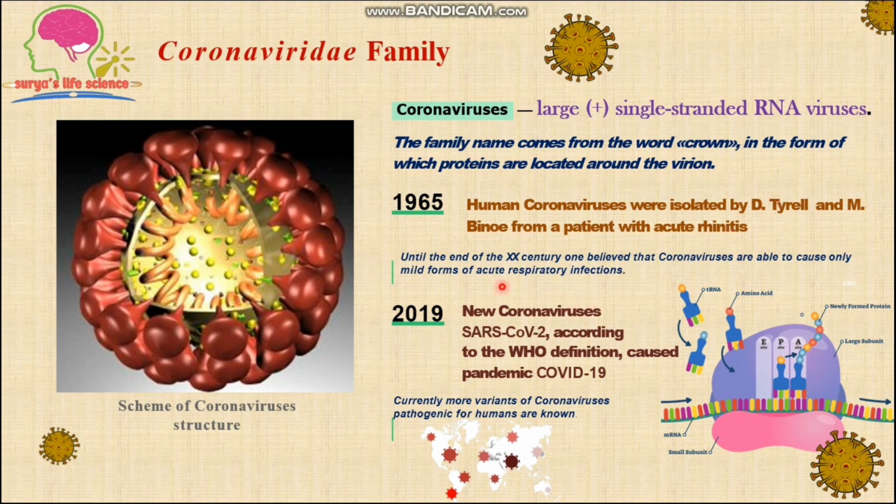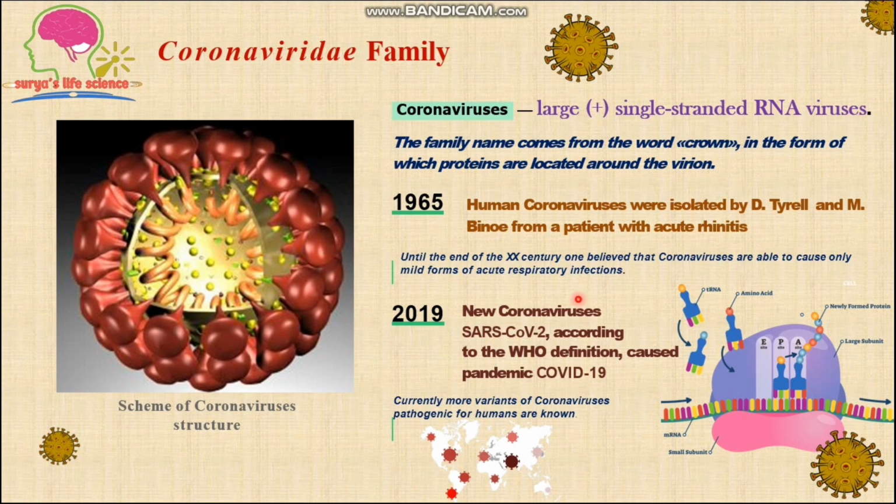Until the end of the 20th century, it was believed that coronaviruses are able to cause only mild forms of acute respiratory infections. But in the year 2019, it was identified that SARS CoV-2, belonging to this coronaviridae family, caused the global pandemic of COVID-19, and currently more variants of these coronaviruses which are more pathogenic for humans are being found day by day.